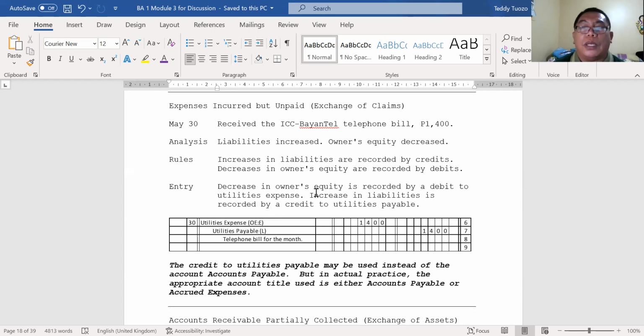The expense account will now be recorded even if he has not paid, because at the time of that period, you should already record it because it is applicable for the month of May. So debit to utilities expense and credit to accounts payable, because it is still a debt. When you pay the debt, debit to accounts payable and credit to cash.